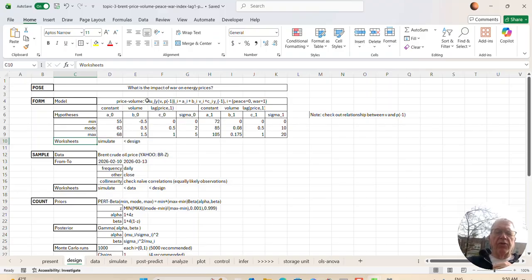This was set up for the elasticity, going from an elasticity of minus 0.5 through to an elasticity of 1.5, a volatile elasticity. Volume on price of volume here. And the lag price basically introduces memory into the model.